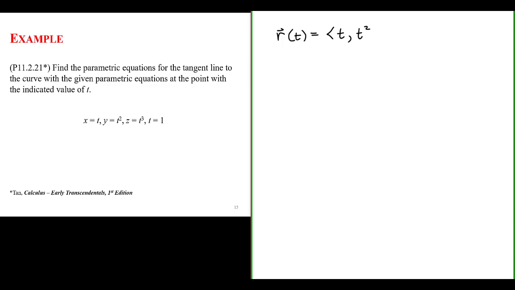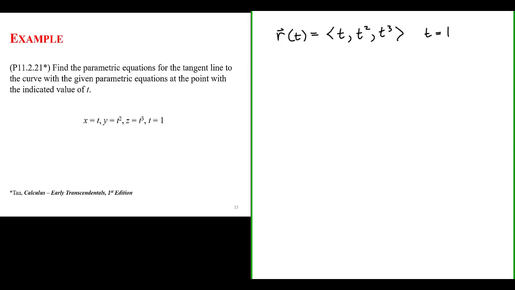Let's start off by writing this equation as a position vector. So the position at a point on our curve for any value of the parameter t is given by t for the x component, t squared for the y component, t cubed for the z component, and we want to find this for the value of t equal to 1.